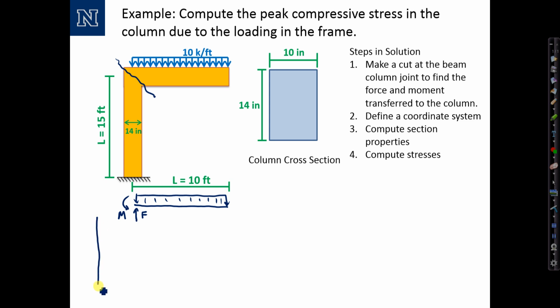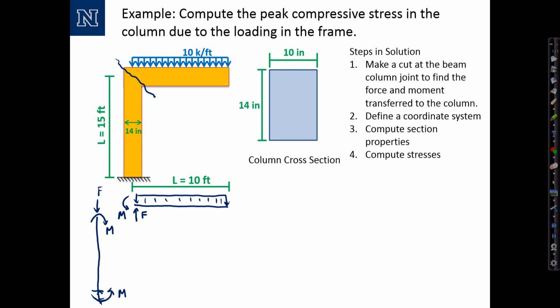Those forces and moments, in turn, will be applied back to the column in the opposite direction. So this is the force and moment acting in the column. And hopefully it's fairly evident that the force and the moment acting in the column are constant throughout the column.